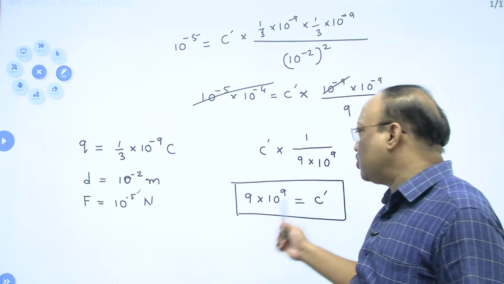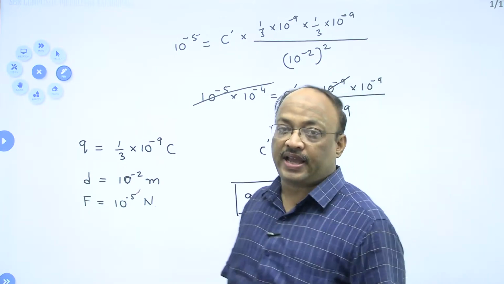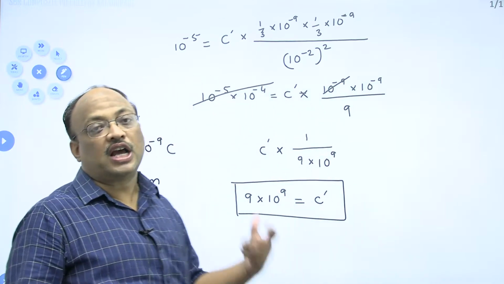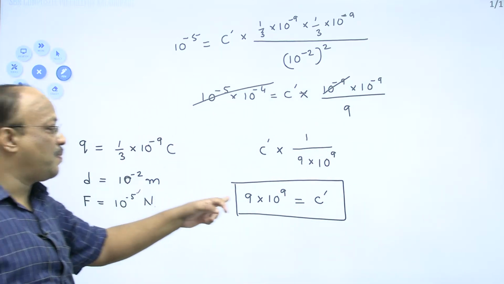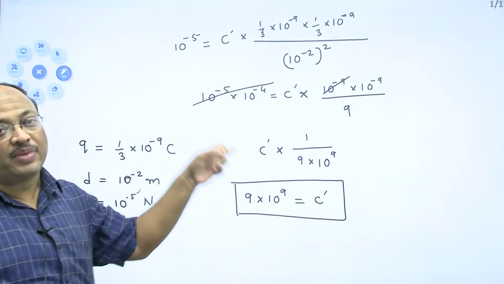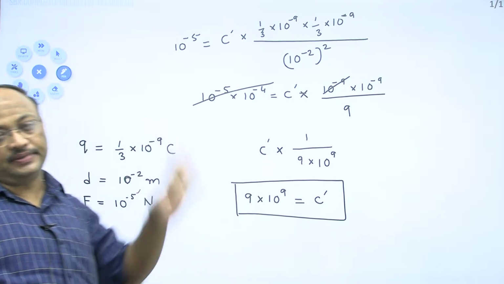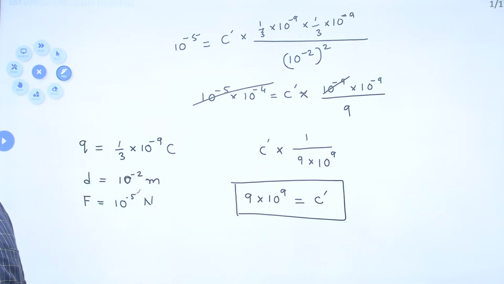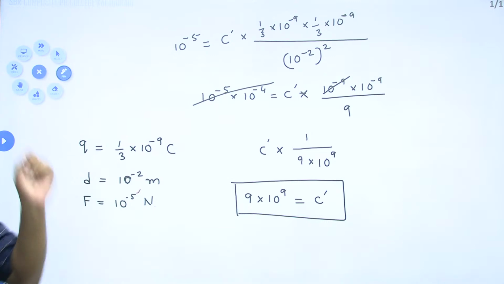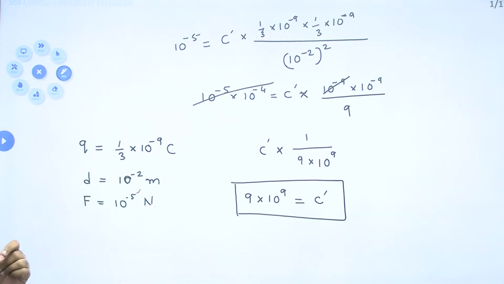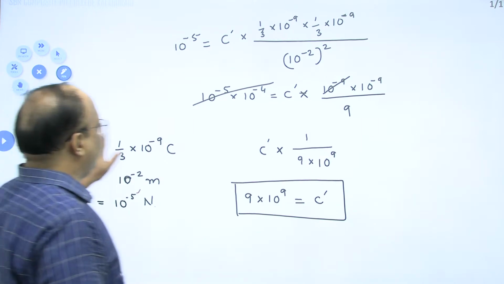But that proportionality constant in SI, if we convert, comes out as 9 into 10 to the power of 9. In CGS it is 1, whereas in SI its value is 9 into 10 to the power of 9.